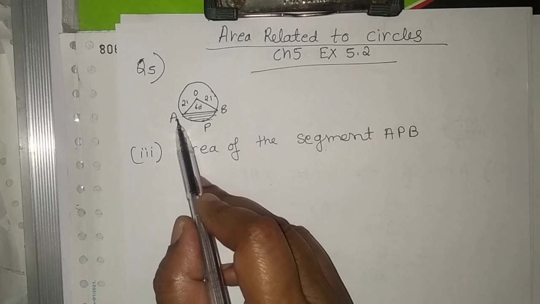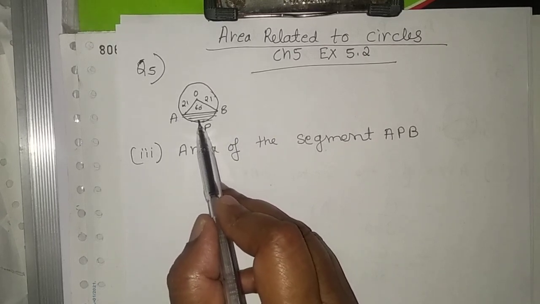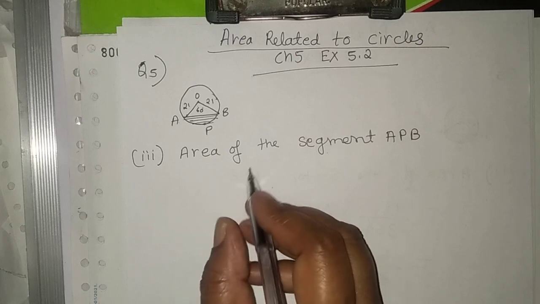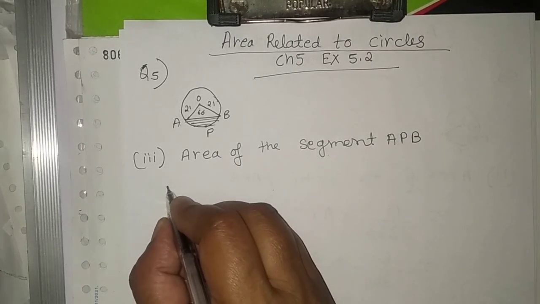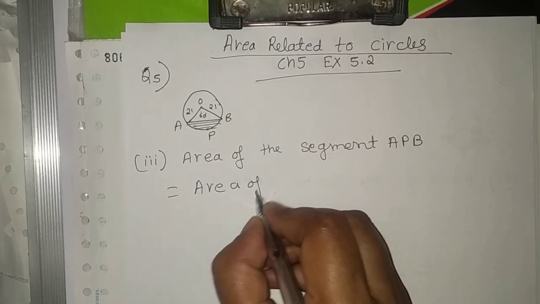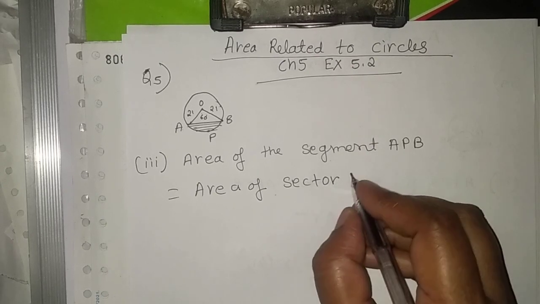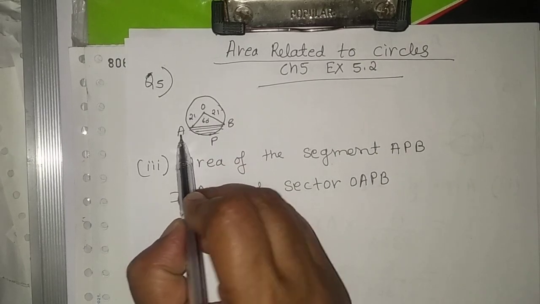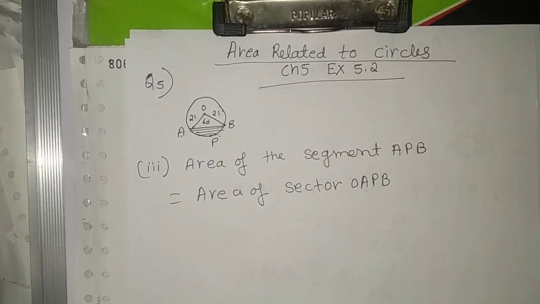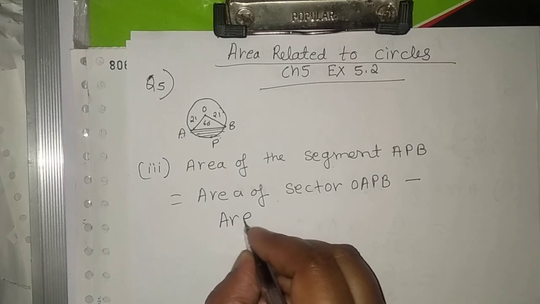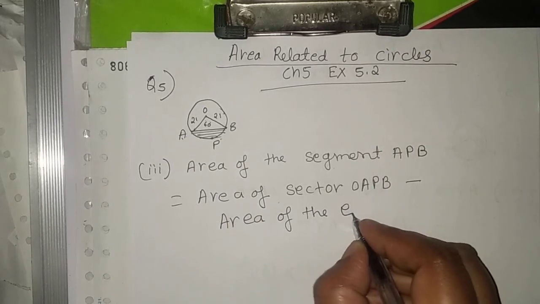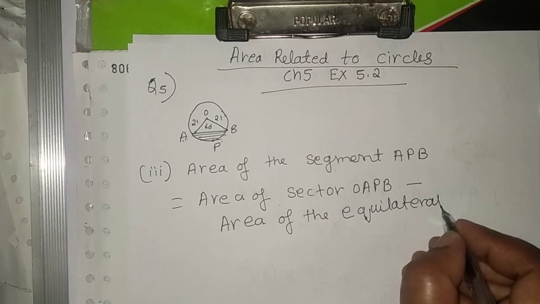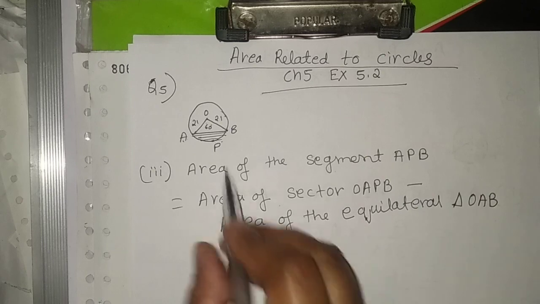So the area of the segment APB. For this we have the formula, that is area of the sector, everything I explained in the previous classes, OAPB, area of this sector, minus area of the equilateral triangle OAB, this one.